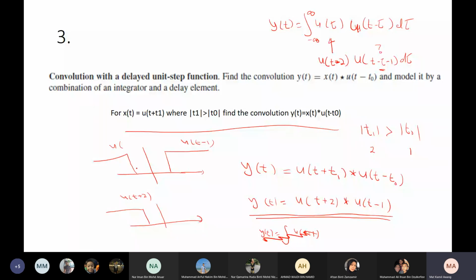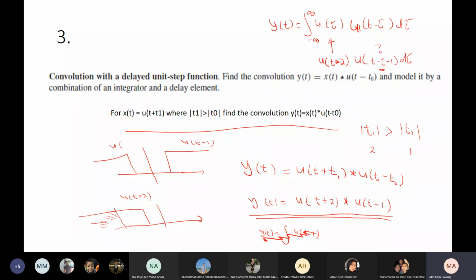When you flip here, then this one will move here. So what do you call it? The area here. Okay. So you check this one.